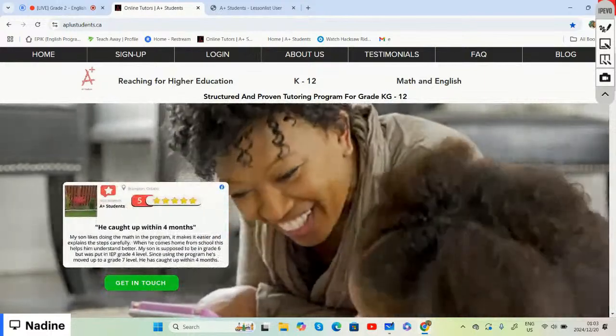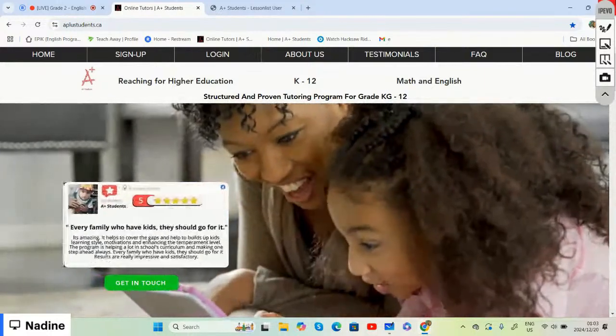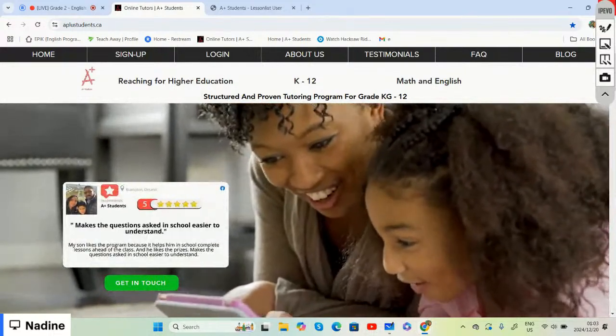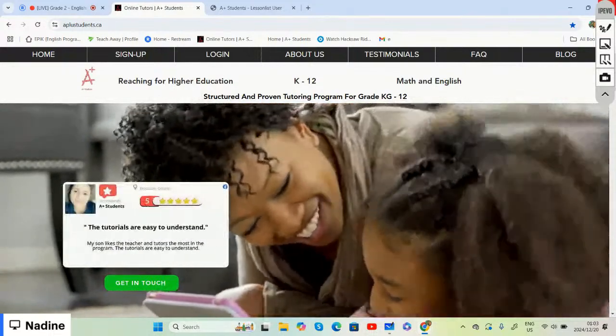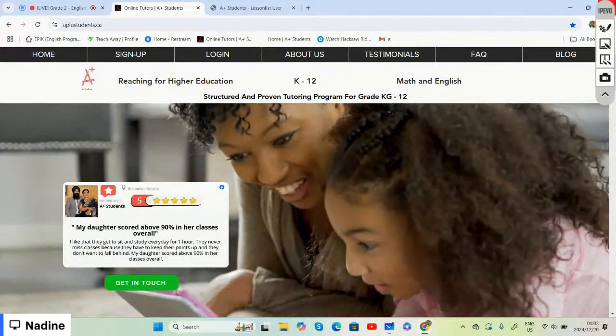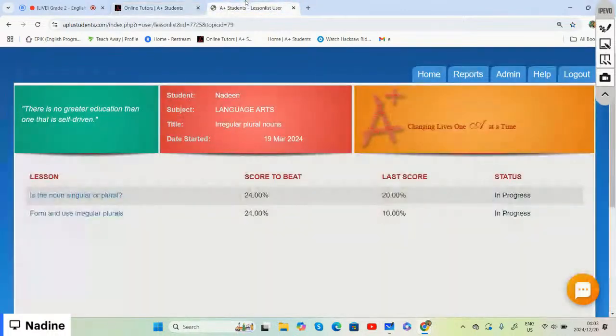We're doing grade 2. And then we're going to scroll down until we get to our chapter of irregular plural nouns.